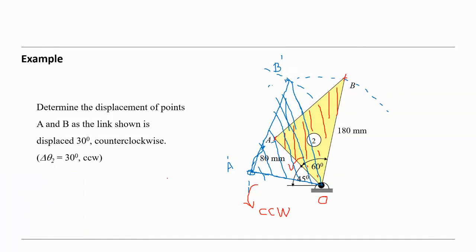So therefore, if we know this is 60 degrees, and this is 80, and this is 180, how can we calculate this distance here? Can you do that?